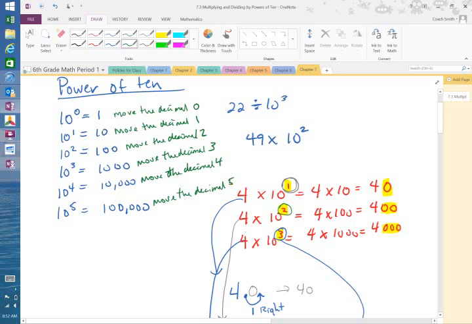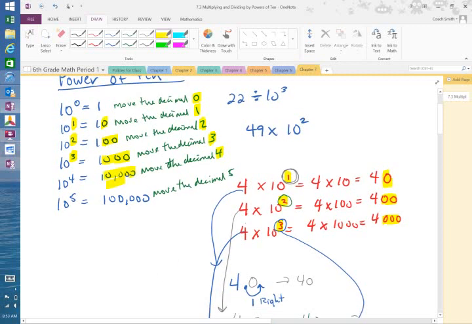Now, which way you move it depends upon whether you're multiplying or dividing. But on each one of these, you have 0 here. I have 1 here because of the 1 zero and that exponent of 1. I have 2 here because of those 2 zeros and the exponent of 2. I have 3 here because of the 3 zeros and the exponent of 3. I have 4 here because of the 4 zeros and the 4. I have 5 here because of the 5 zeros and the 5 exponent.